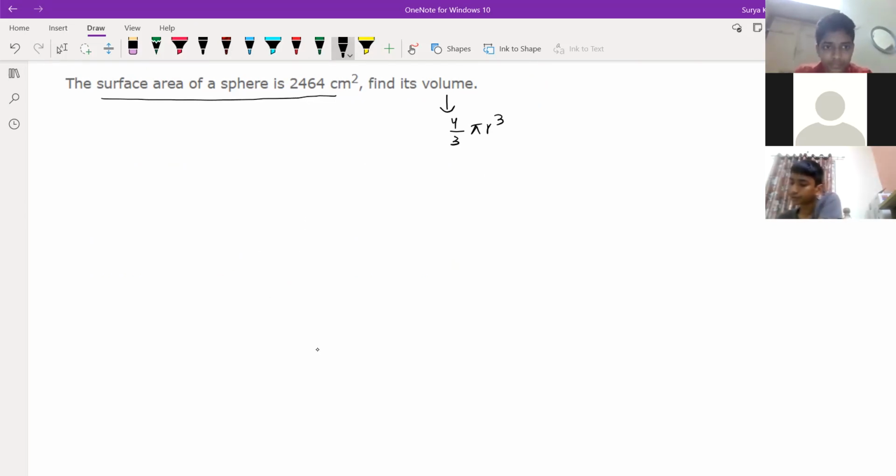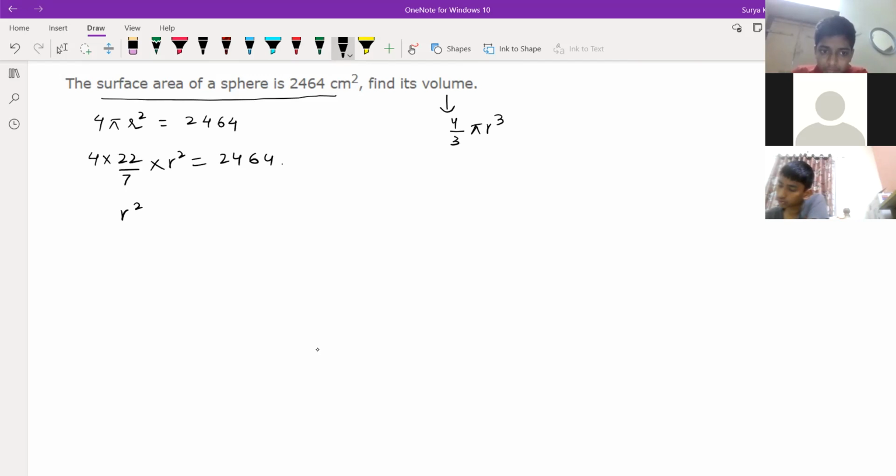The surface area of the sphere is 4 pi r square is equal to 2464. So 4 into 22 by 7 into r square is equal to 2464. R square is equal to 2464 into 7 divided by 4 into 22.